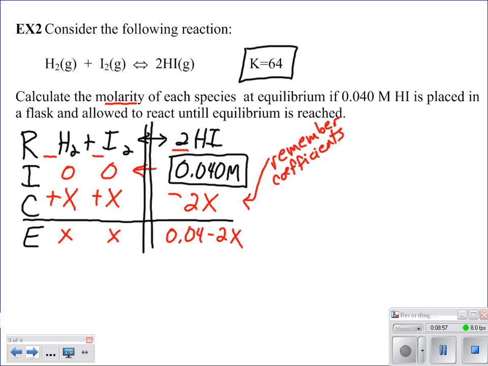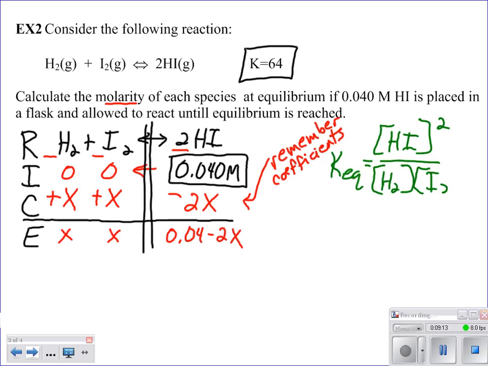We know that our equilibrium constant expression would be our products raised to the power of their coefficients divided by our reactants. Now when we plug our values in there, we get 64 as our K value, and then we just start plugging some information in.